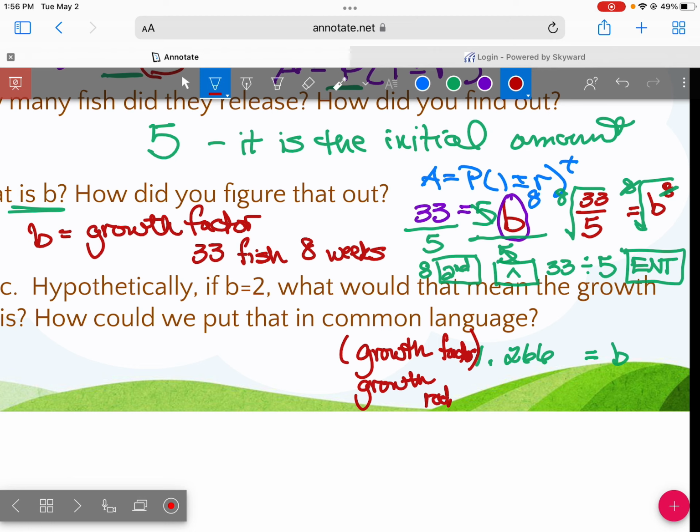Our growth factor, we know, is equal to B, which is also 1.266, which is 1 plus our rate. So what is my rate? 1.266 is equal to 1 plus my rate. So what's my rate?